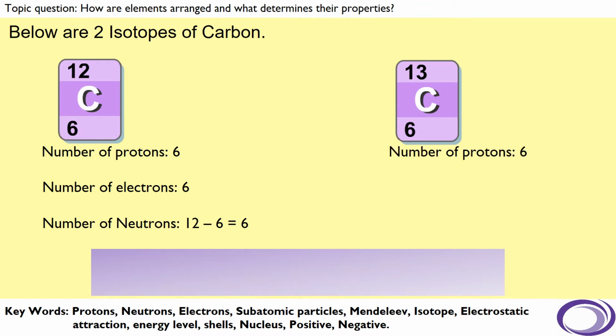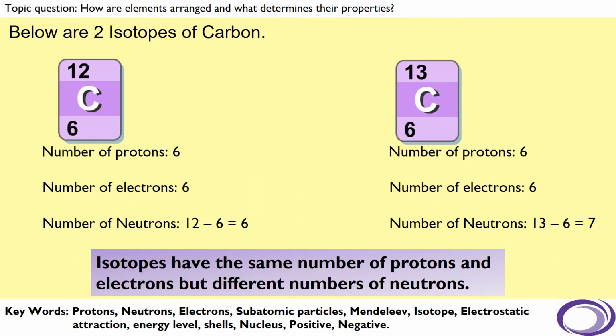Carbon 13 has 6 protons, 6 electrons, but this time it has 7 neutrons. Isotopes have the same number of protons and electrons, but they differ in their number of neutrons, and that is why the mass number is different.